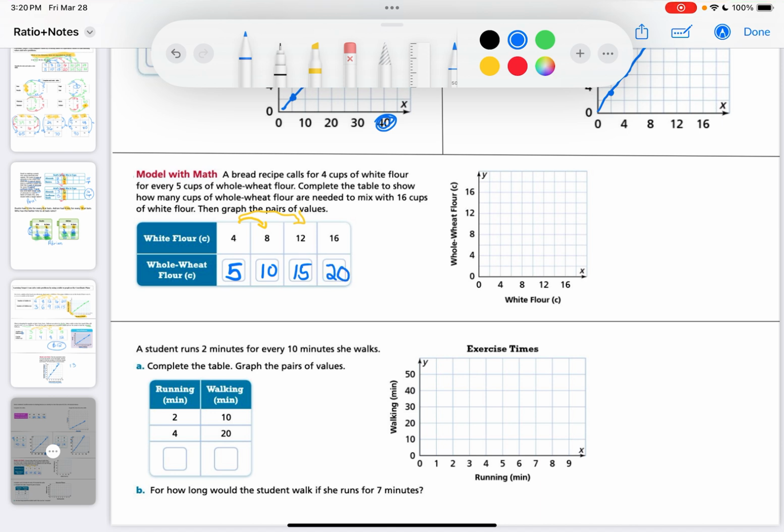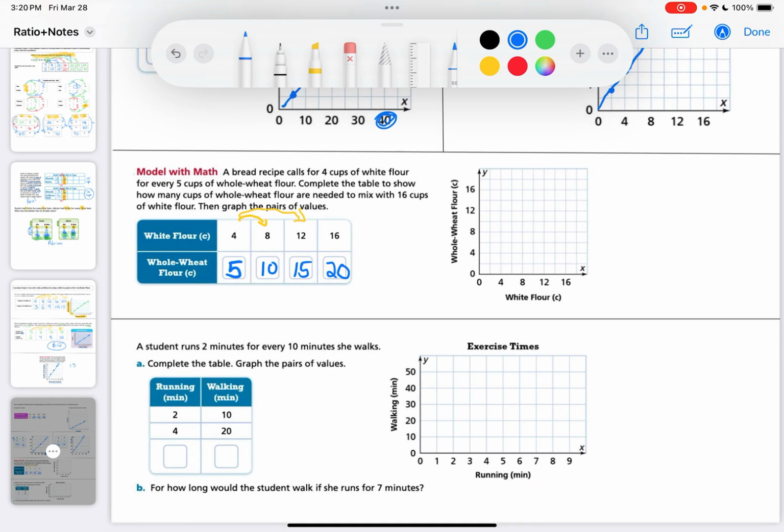So let's graph it. White flour is on the bottom, so it's our X. Wheat flour is on the side. So over 4, up 5. And I need to check my intervals. So this would be 6, and this would be 10. So that means that over 4, up 5 would be between the 4 and the 6.